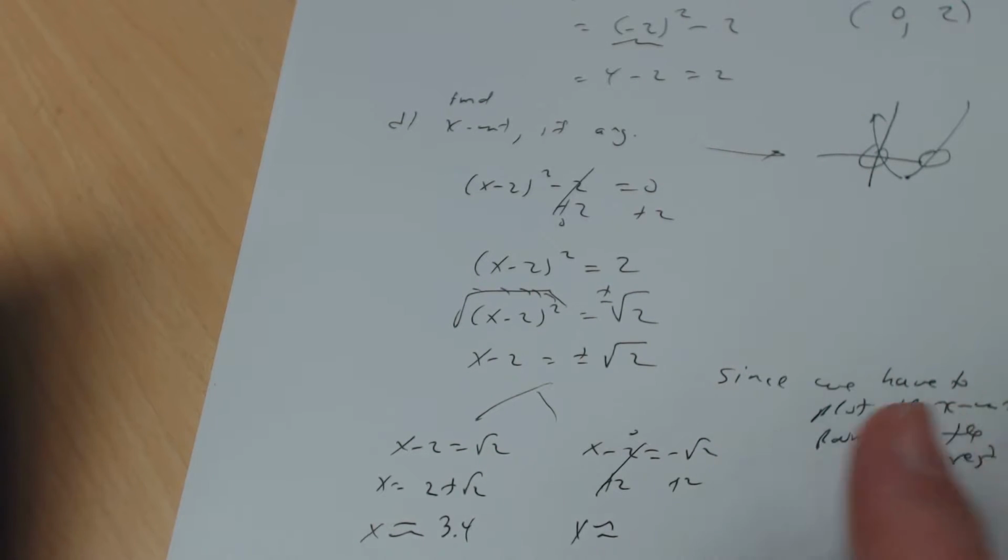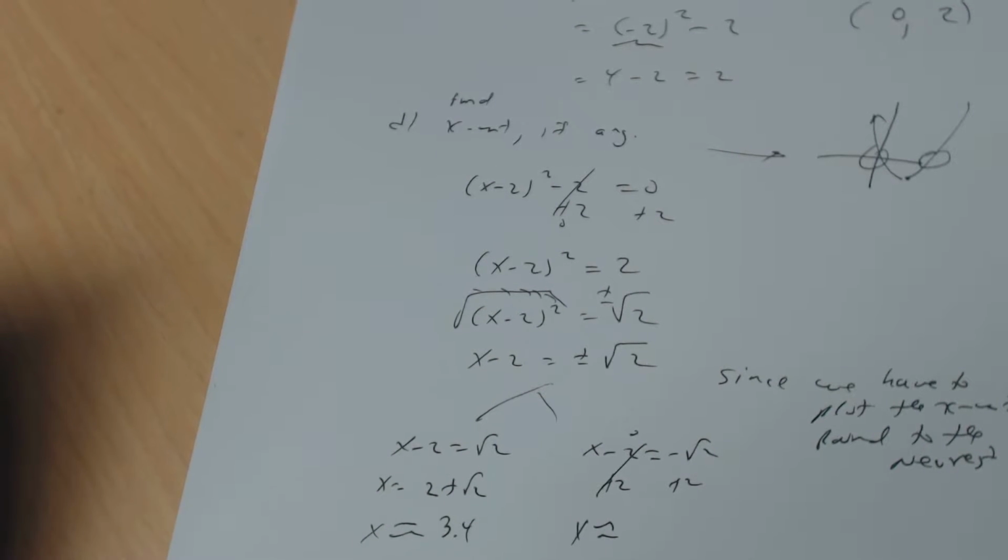Over here, we're going to add 2 to both sides, and then use a calculator to approximate the x-intercepts. I get 2 minus the square root of 2. Okay, and then 2 minus that looks like we get 0.6.